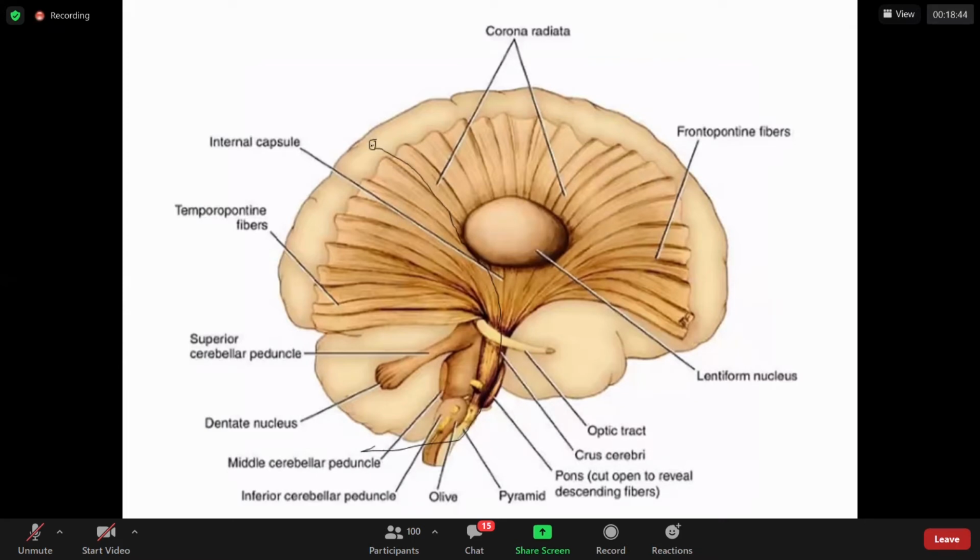Not that this pyramidal cell body is located here and suddenly they come to the spinal cord or suddenly they come to the pyramid. No, they are continuous and they go through this thing that is called corona radiata, then internal capsule, then midbrain, then pons, then medulla oblongata, and at the pyramid of the medulla oblongata they cross to the opposite side, right? Is it clear?